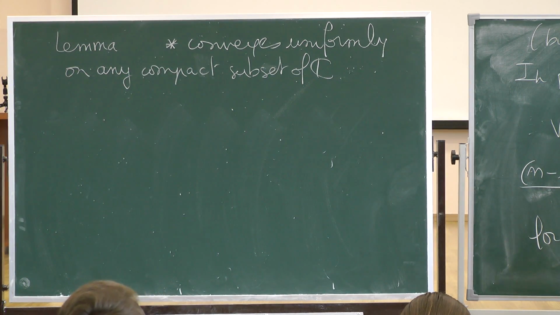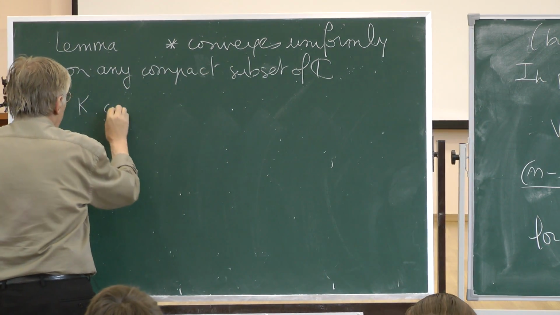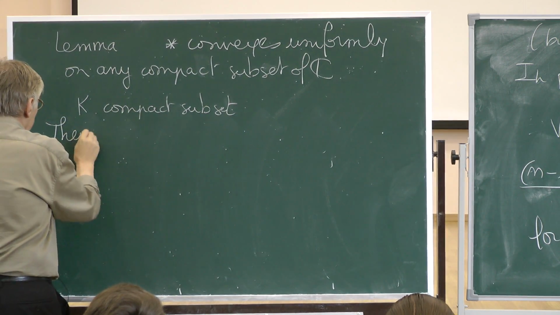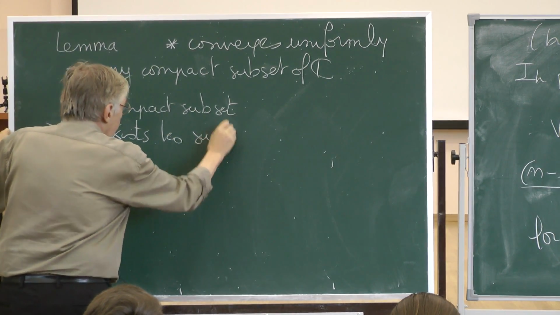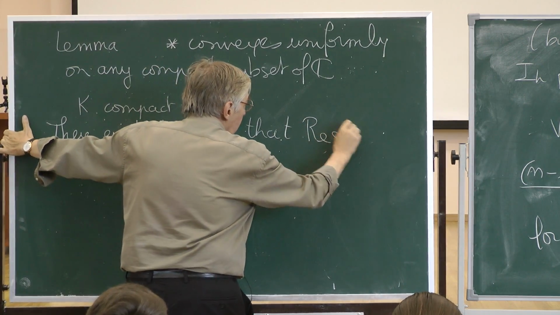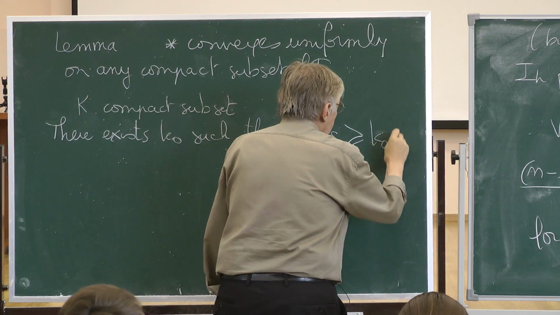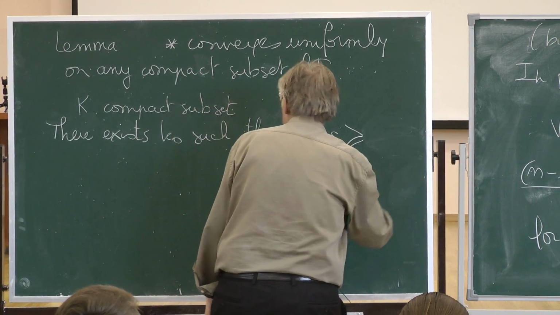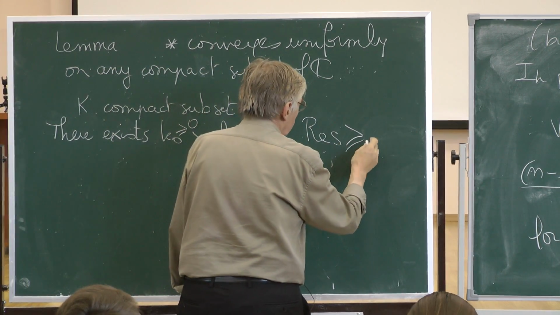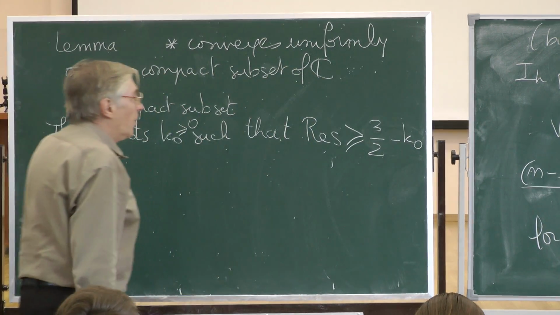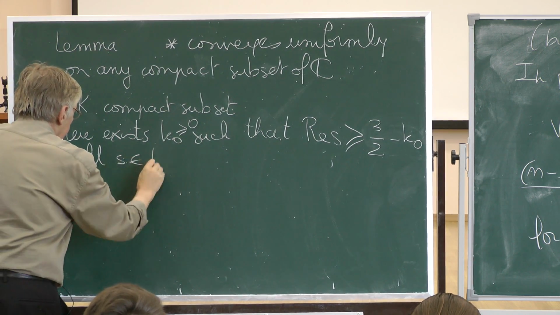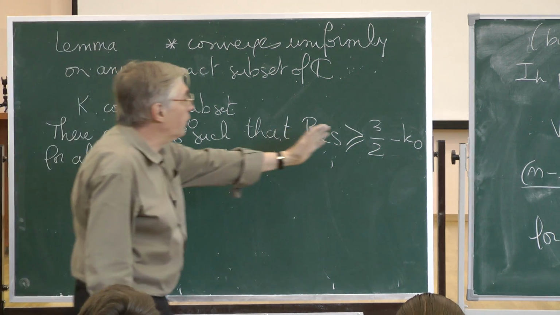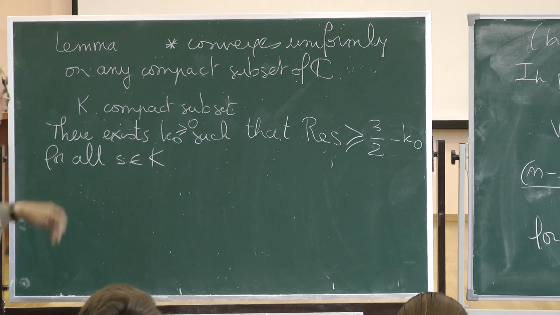So, why? If you have a compact subset, let us say that K is a compact subset, then there exists a k0 larger than or equal to 0, such that the real part of s is larger than 3/2 minus k0 for all s in K. Just because a compact set is bounded, it means that the real part of s on this compact set is bounded below, and therefore, if I remove a sufficiently large integer, I will have this inequality that holds.